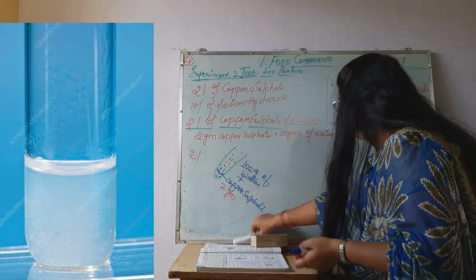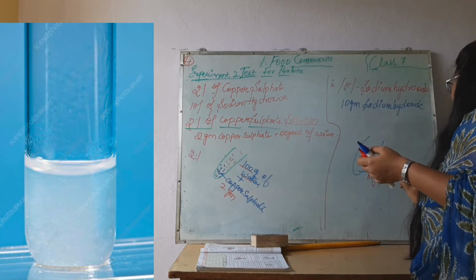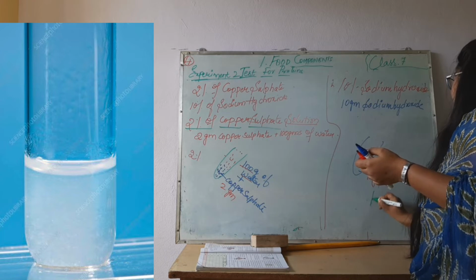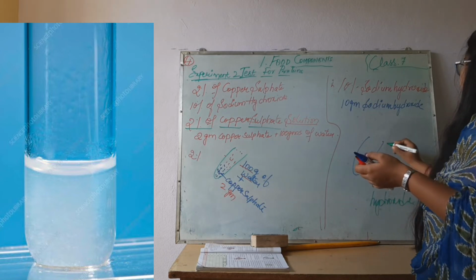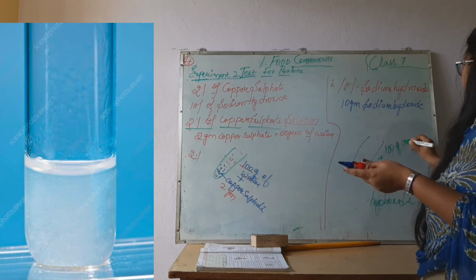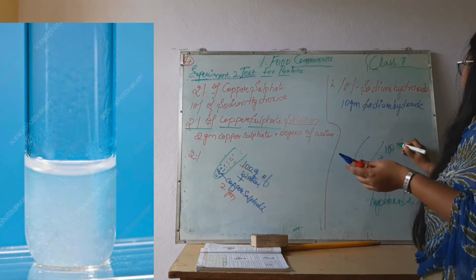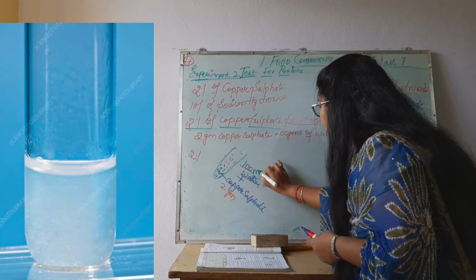To that, you add water. NaOH is nothing but sodium hydroxide. In that you add 100 grams of water. So 100 milliliters of water, not grams. Here also there is a small change: 100 milliliters of water, not grams.